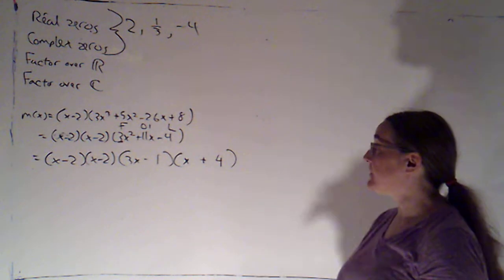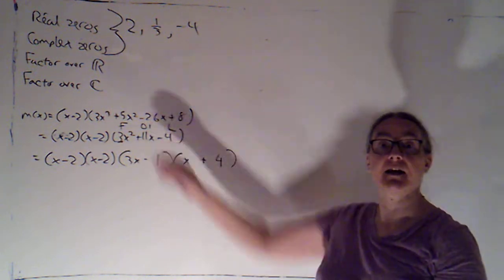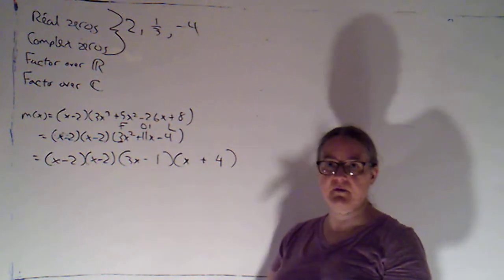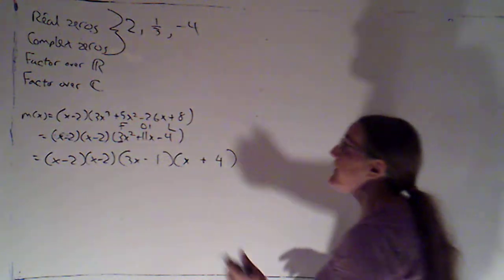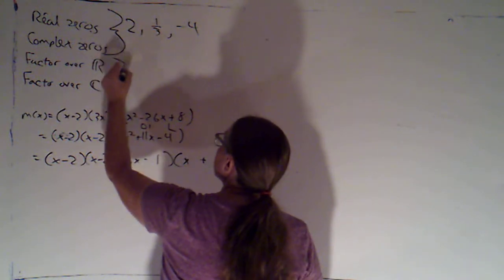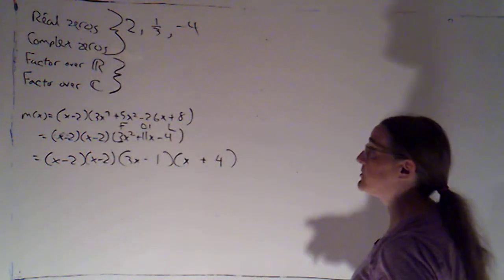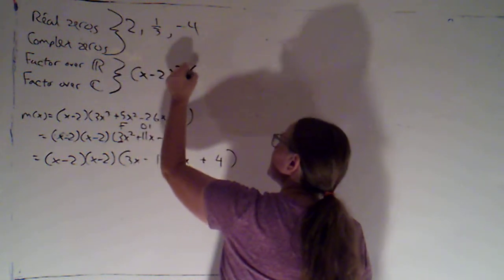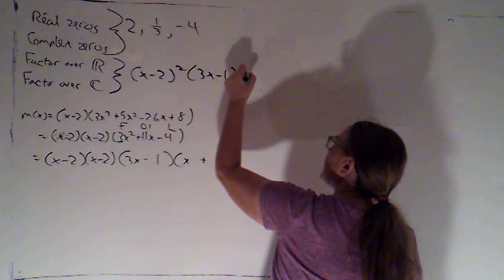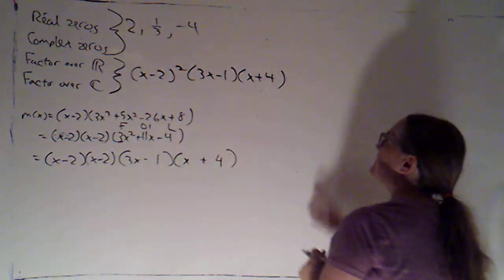I sometimes will. Sometimes when I get down to a quadratic, I'll have to use the quadratic formula, and we'll get non-real zeros. Factoring over R and factoring over C, because all of the zeros were real, this is also the same thing. It's x minus 2 squared times 3x minus 1 times x plus 4.